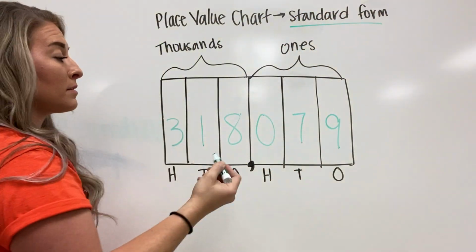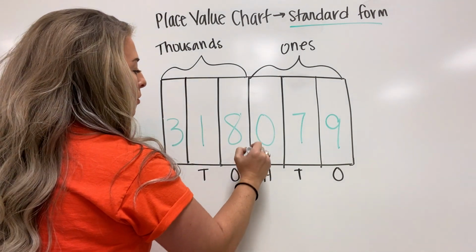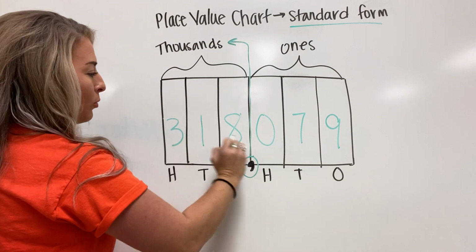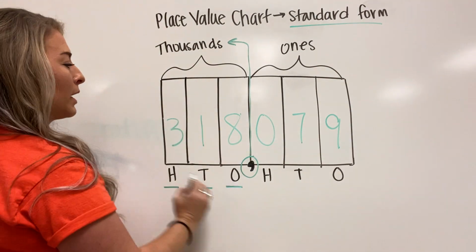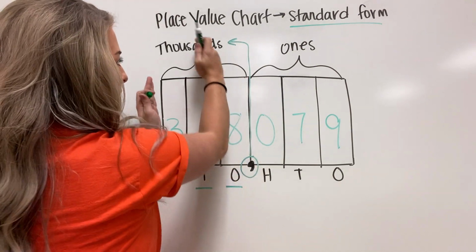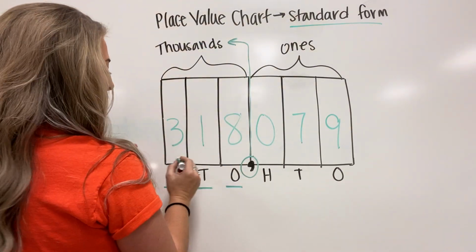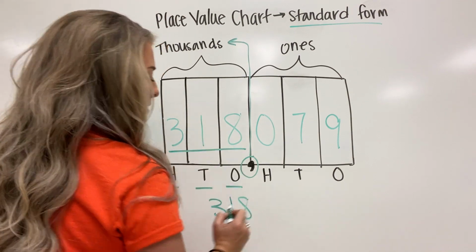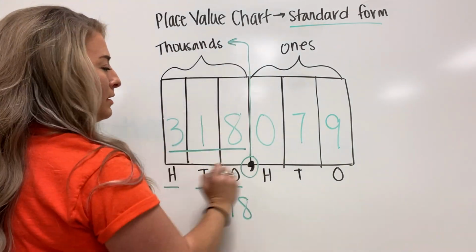So if I want to read this number to you, what I do is this comma will say the period that this is in. And I will read this completely normal using hundreds, tens, and ones. So when I look at my first period, the thousands period, if I read this like hundreds, tens, and ones, this right here just says 318. Then when I get to my comma, I say the period that this is in.